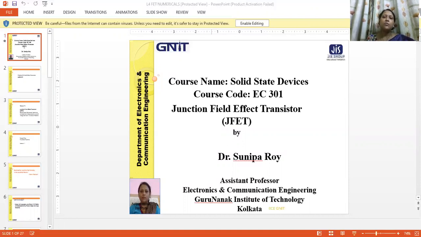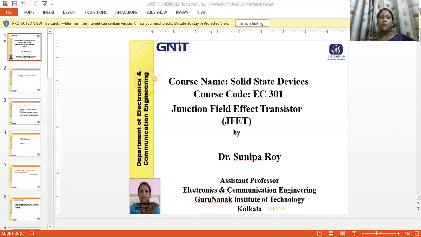Circuit that can be used to measure N-channel JFET characteristics. Actually, the gate to source region is reverse biased. This VGS is reverse biased. This side is connected to the negative terminal of the battery, the gate, and the source is connected to the positive terminal of the battery.